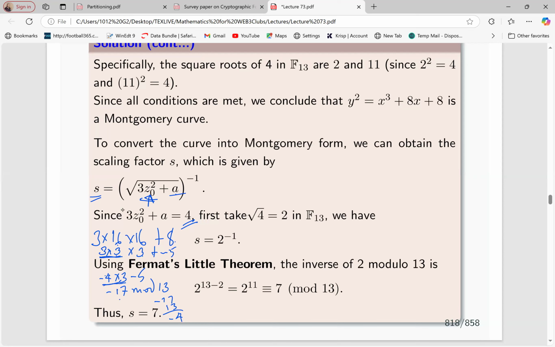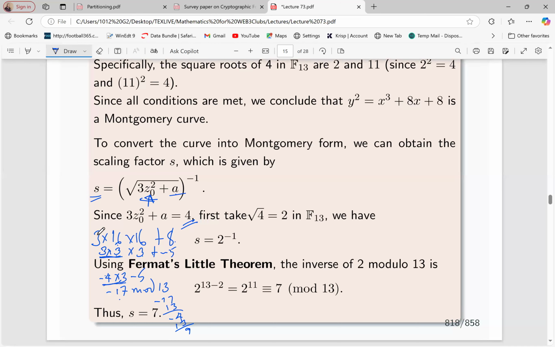This one is giving me negative 4. Then plus 13, this would be 9 or what? I think I'm confusing somewhere here. I don't know whether I'm doing it correctly here. Let me just write it properly again. Oh, yes, there's something I was not doing.